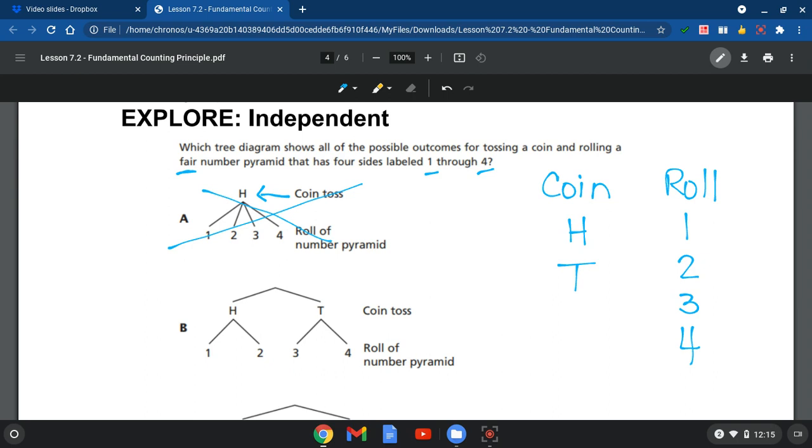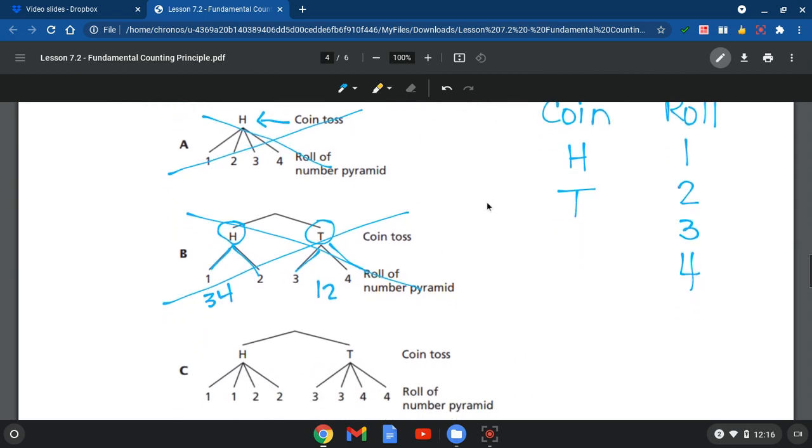In B, it shows the possibility of flipping heads or tails, but for each of those flips, it fails to show each of the 4 possibilities. So B is not correct.